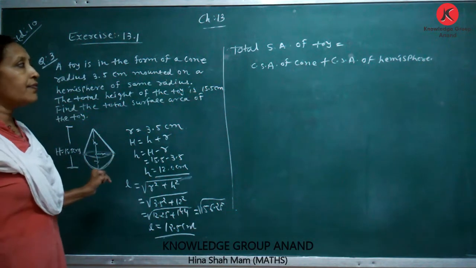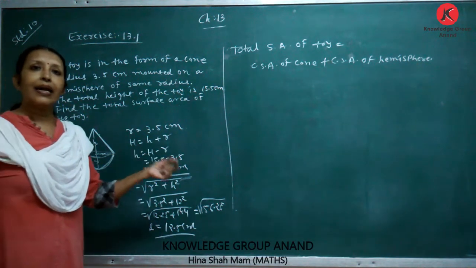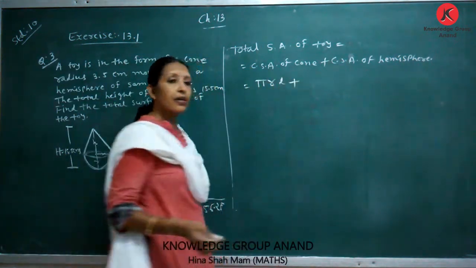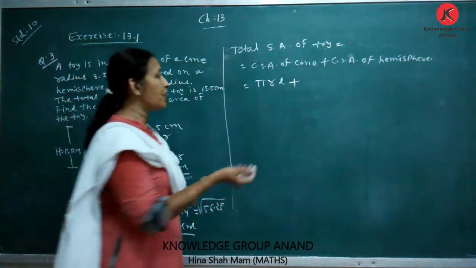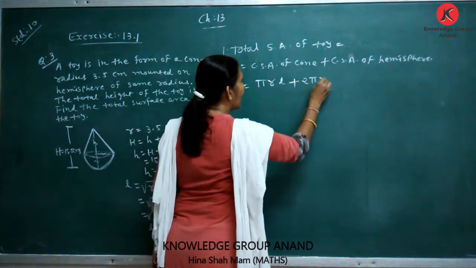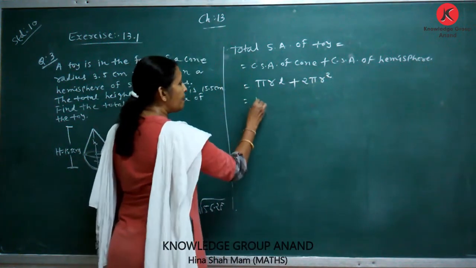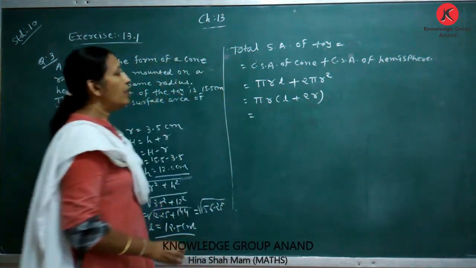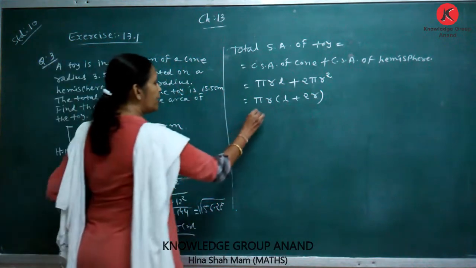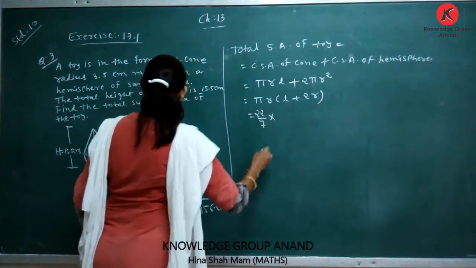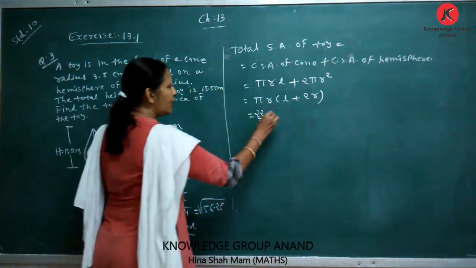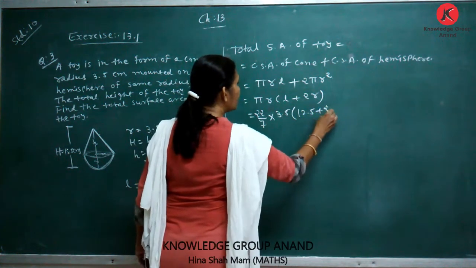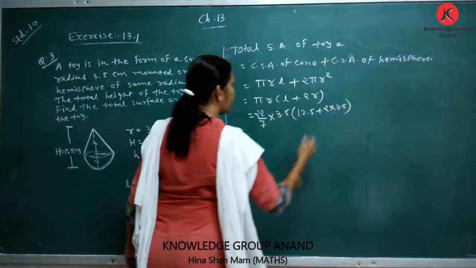Curved surface area of cone, formula pi r l, plus curved surface area of hemisphere, we use the formula 2 pi r square. Taking the common part, pi r times l plus 2r. Now putting the value 22 by 7 into r, where r is equal to 3.5 and l is equal to 12.5 plus 2 into 3.5.